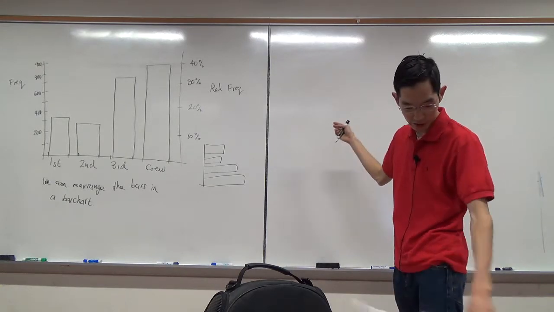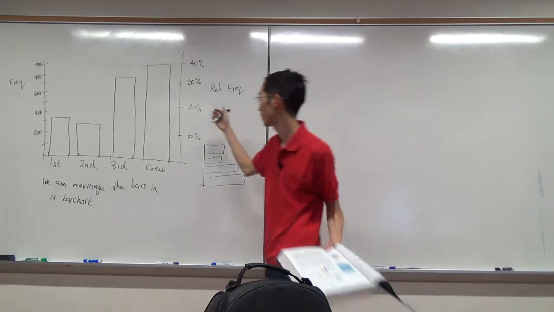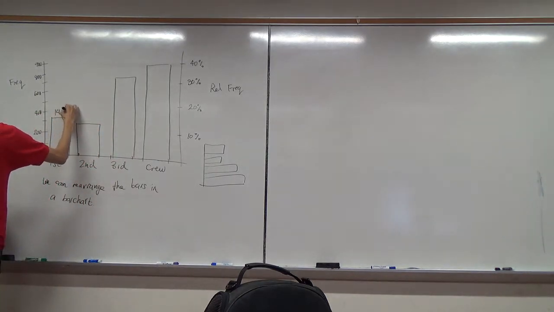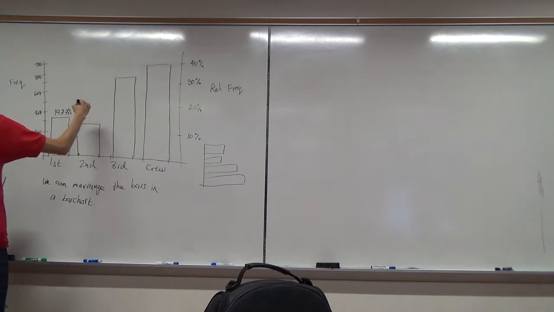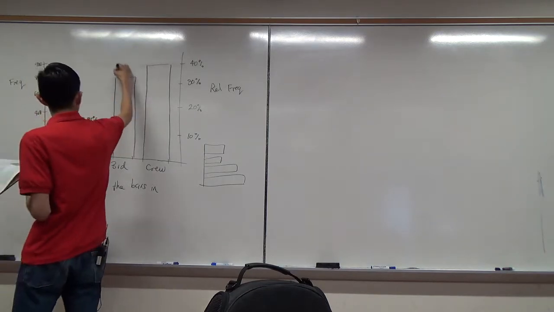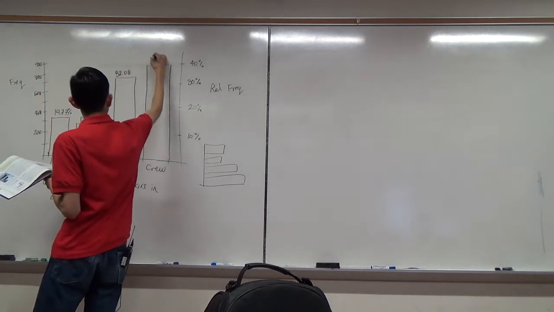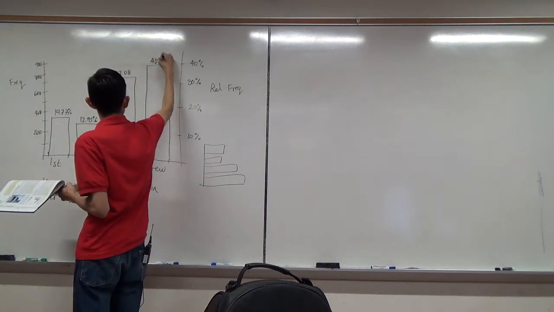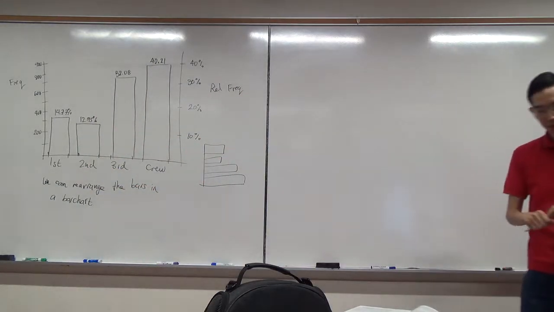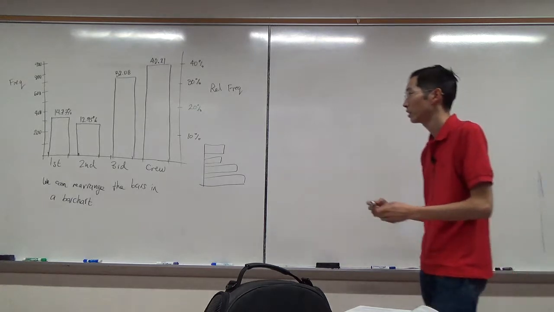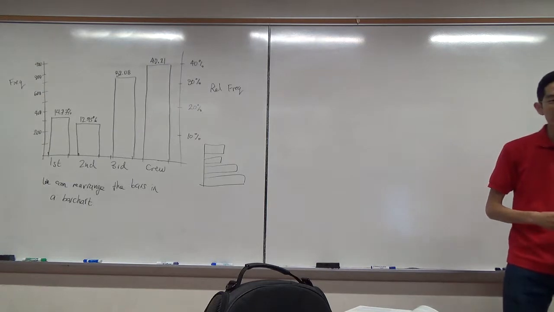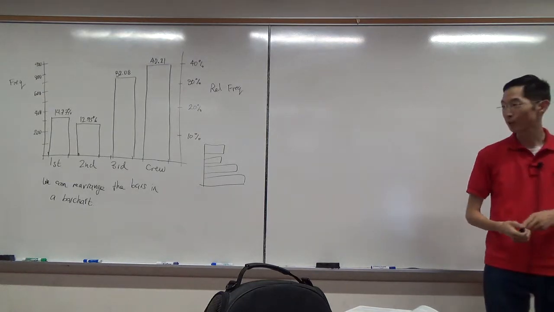I erased the information, but let me just write the height of these bars over here. So looking at that, would it be reasonable to say that about 72% of people aboard the Titanic were either crew members or third-class passengers?